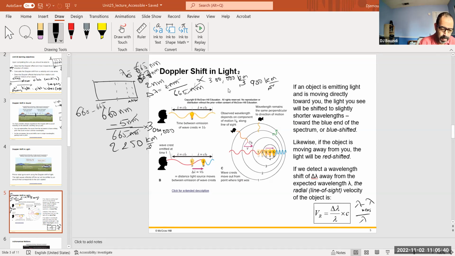Here is the story. If I am here, and I have a source in here, and the source is still, and I am still, both of us have velocity equal to 0. So what happens in this case, the source will send its light, let's say, for example, the red light for the hydrogen, and wait a whole period of time. Remember, the period is the inverse of the frequency.